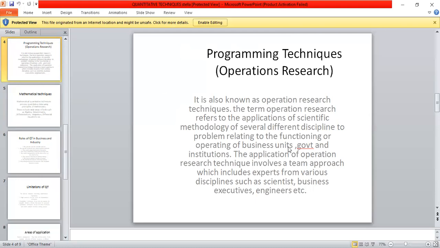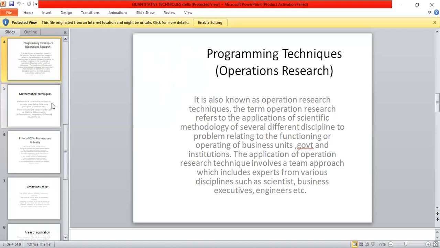Operation research techniques involve a team approach which includes experts from various disciplines and scientists, business executives, engineers, etc. On programming techniques, there are examples like linear programming.